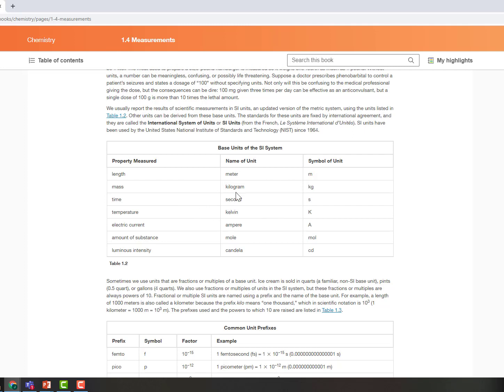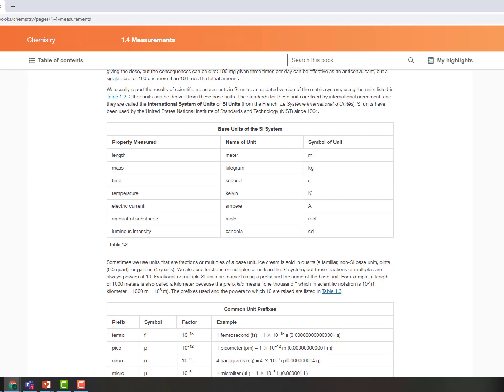Temperature is Kelvin. These first four are the ones we mostly care about in this course. Actually, we don't even use seconds that much until the second semester. Electric current comes up in second semester. Amount of substance, we'll cover in a later module. Luminous intensity doesn't really come up in this course, but it is another thing that could be measured.